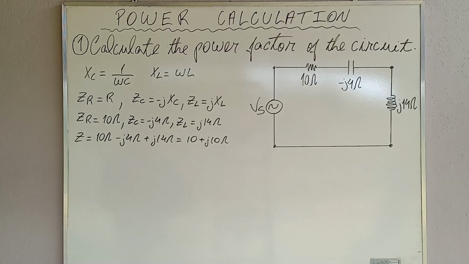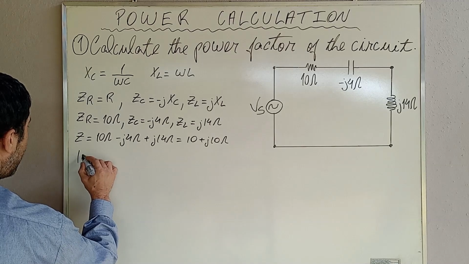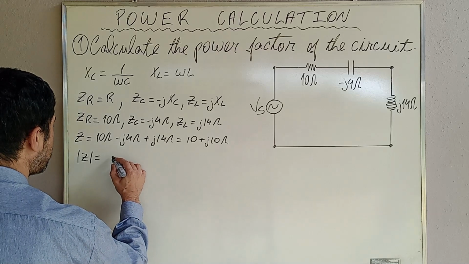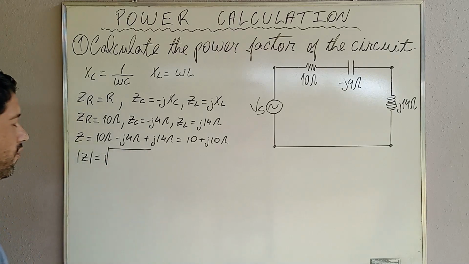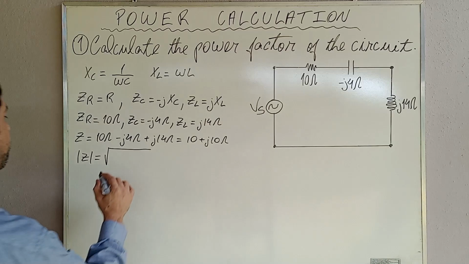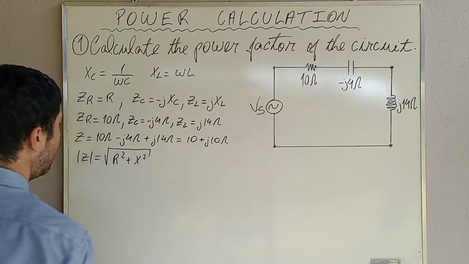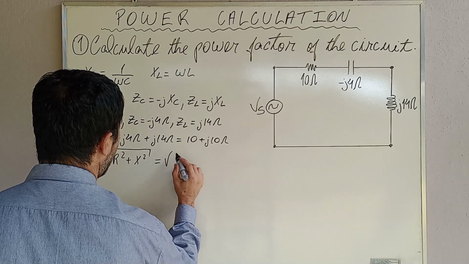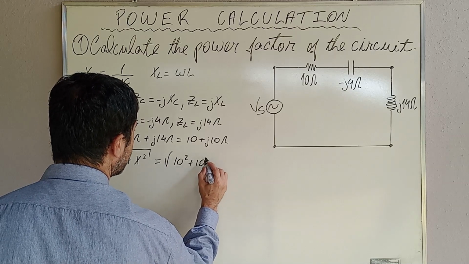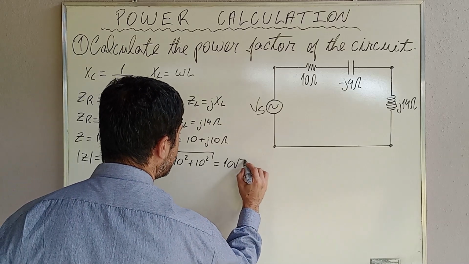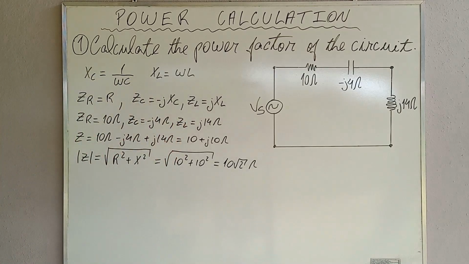Let's calculate the magnitude of the complex impedance. The magnitude of Z is the square root of R squared plus X squared, and this is equal to the square root of 10 squared plus 10 squared, which is 10 times the square root of 2 ohms.